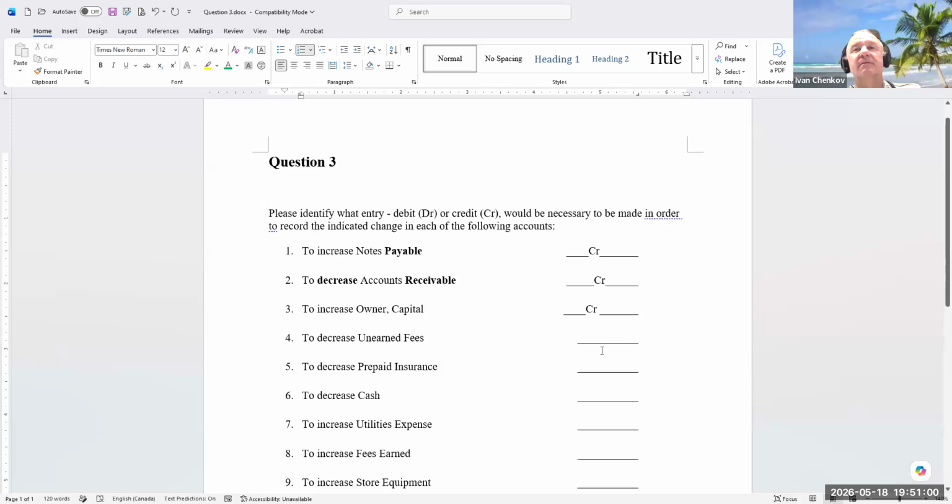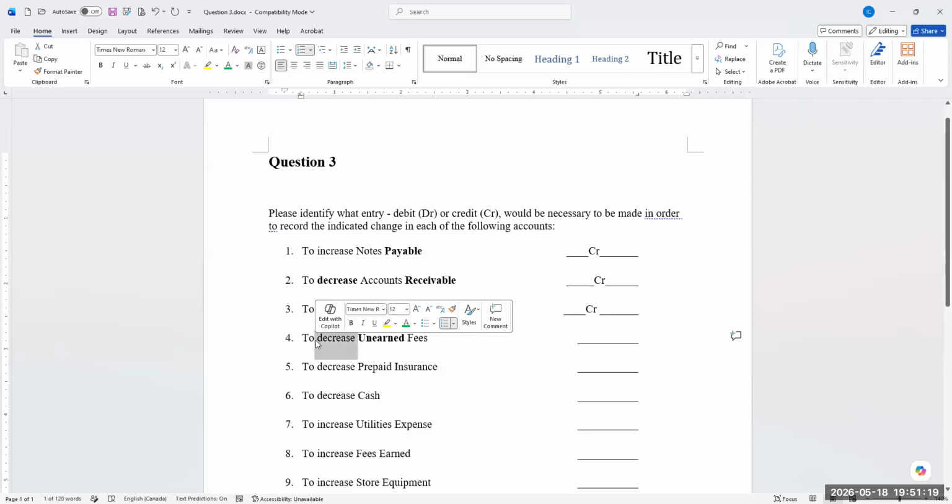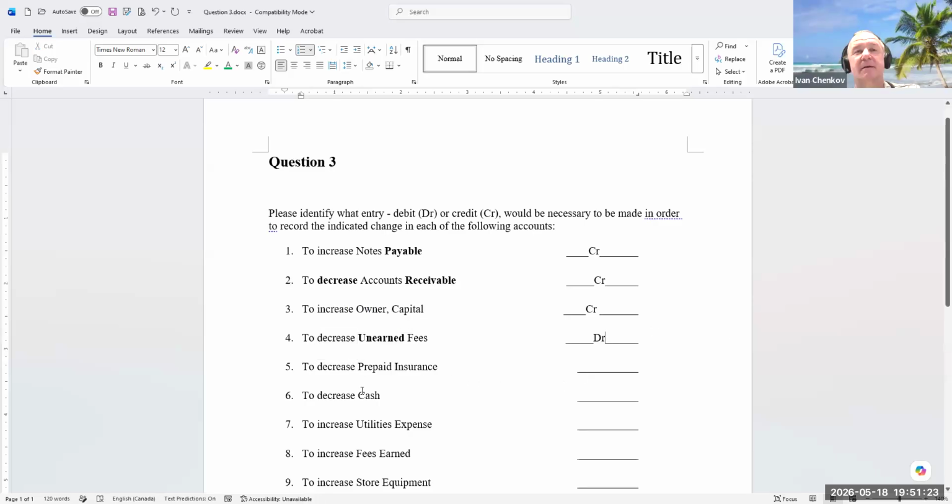Now, unearned fees. What kind of account is this? That's going to tell you what we have to do. It's a liability. So if I want to decrease the liability, you debit it. Correct. Prepaid insurance.